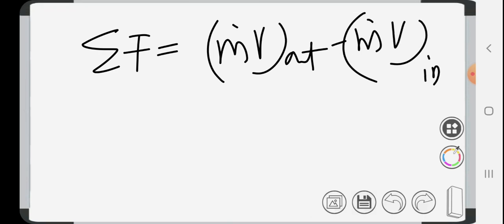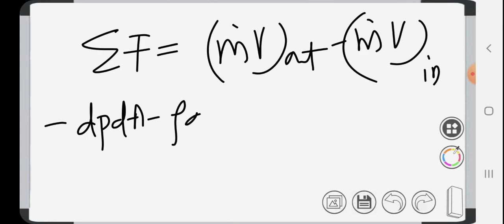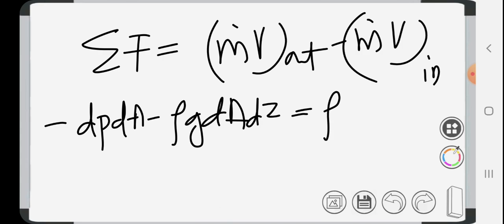in. So this has become minus dp dA minus rho g dA dz equal to rho dA v dv, right?